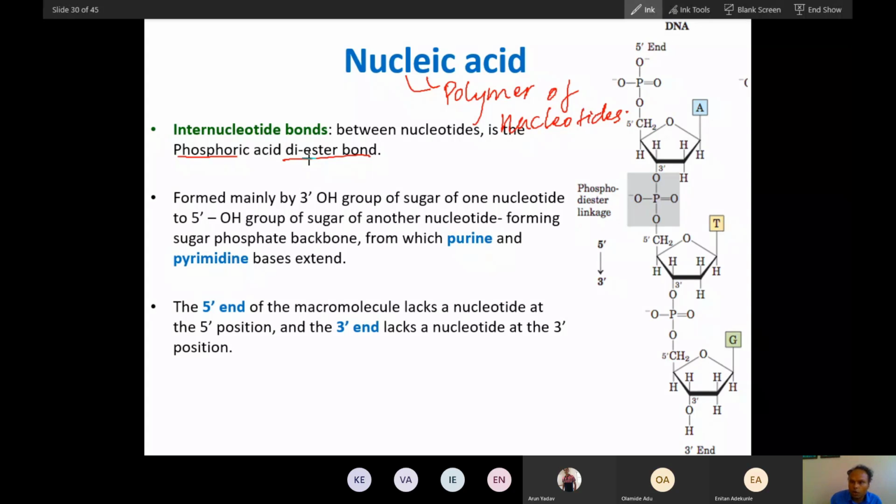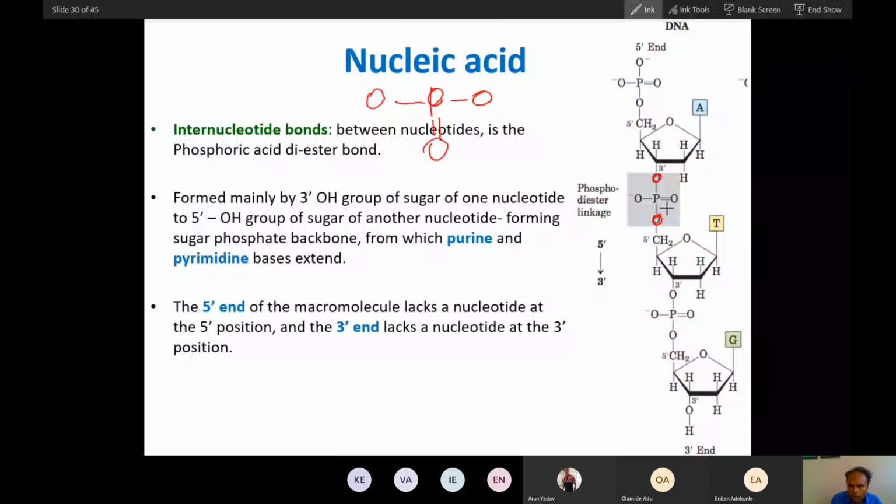Then you already know these nucleotides are polymerized because of which bond? This is because of this diester bond. What is this diester bond? If you can see, there is one phosphorus. Can we write this bond like this? There is an O group here, and with this O there is a double bond.